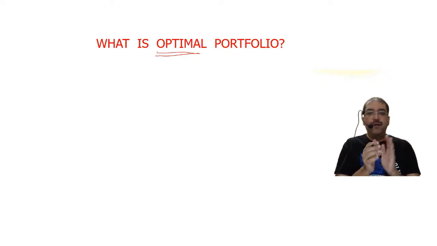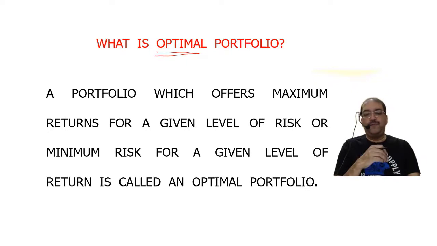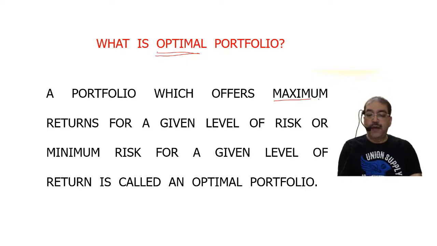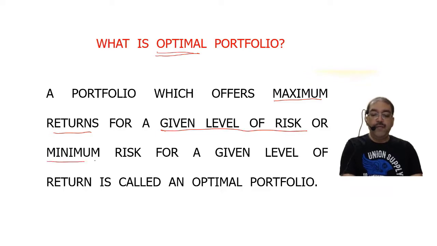So what did I say? A portfolio which offers maximum returns for a given level of risk or minimum risk for a given level of returns is called an optimal portfolio.